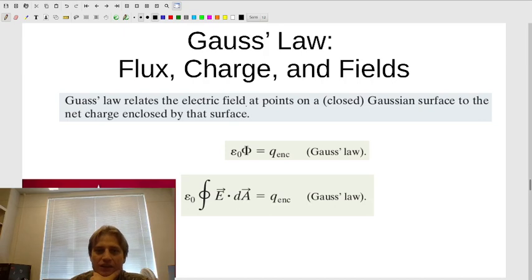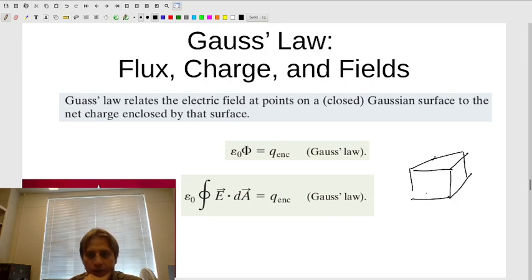And what does it tell us? It tells us that if we add up the flux over a closed surface, it's directly related to the charge that's enclosed in that surface. Okay? So if I have a surface and the flux, I'm going to have to think about the area vectors on all of those sides.